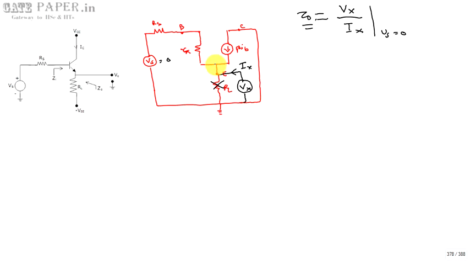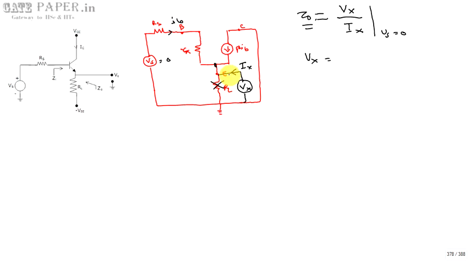Vx is nothing but the voltage from emitter to ground. You can go in this direction also. So Vx can be written as the current flowing through Rs and R pi, that is IB, times the voltage drops across Rs and R pi.